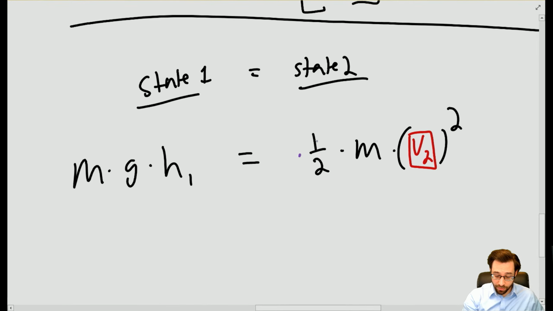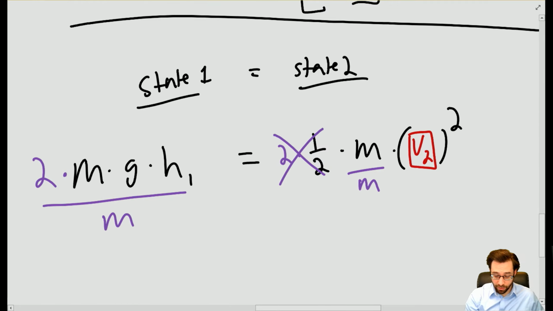I need to first get rid of this 1/2, so I multiply by 2. 2 times 1/2 just goes to 1, so this cancels out. And if I do it on the right side, I do it on the left side. Now I have mass times velocity 2 squared. Divide by m, divide by m. It cancels out over here, and it cancels out over here too.